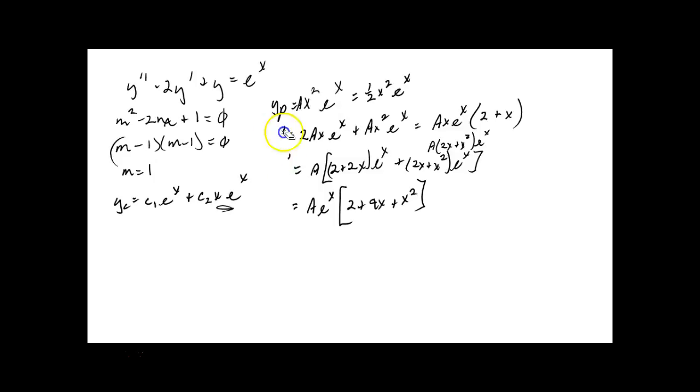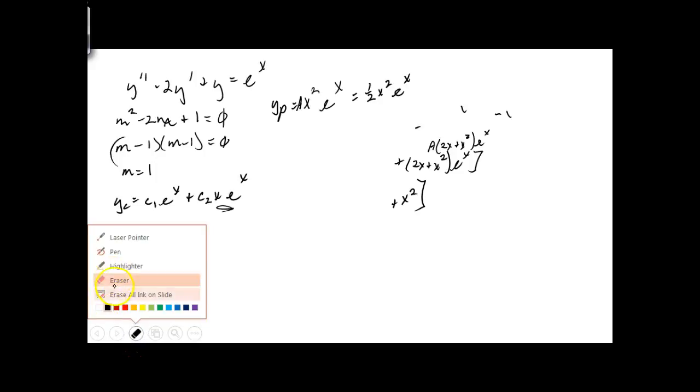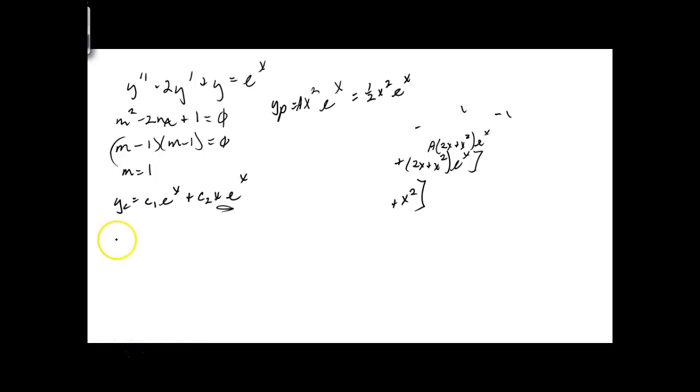So I don't need these anymore. Okay. Got our particular solution. Our general solution now is y is equal to c1 e to the x plus c2 x e to the x plus 1/2 x squared e to the x.